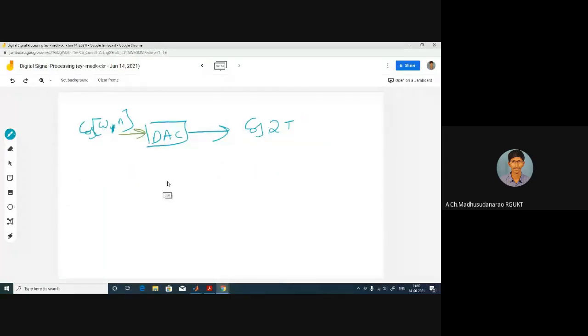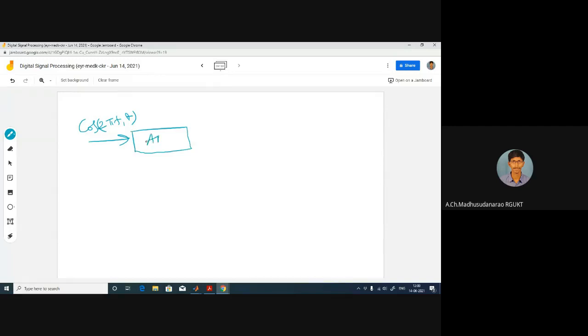I'll try to give that once again. Okay, clear frame is there, right? What I am doing here is cos 2 pi f1t, analog to digital converter, followed by digital signal processor, followed by digital to analog converter.